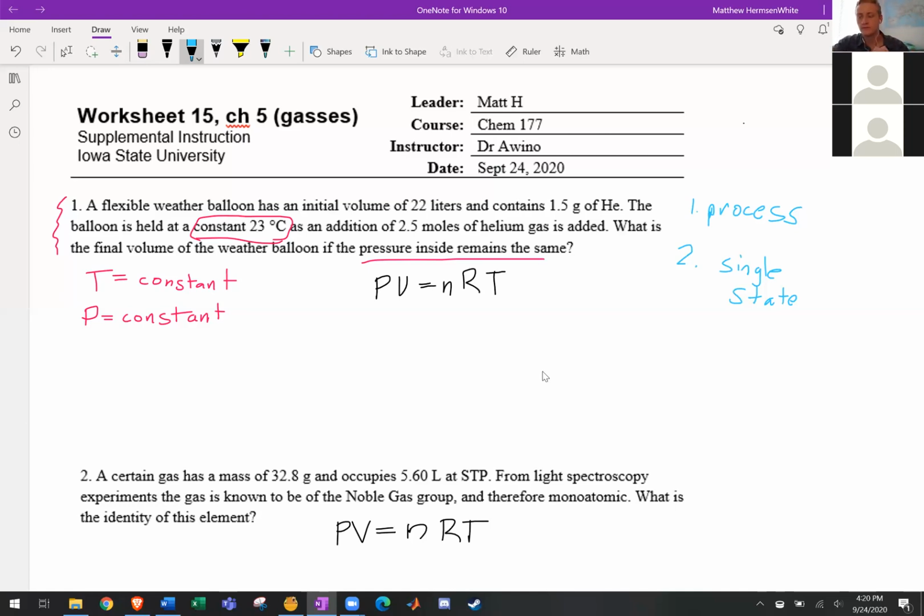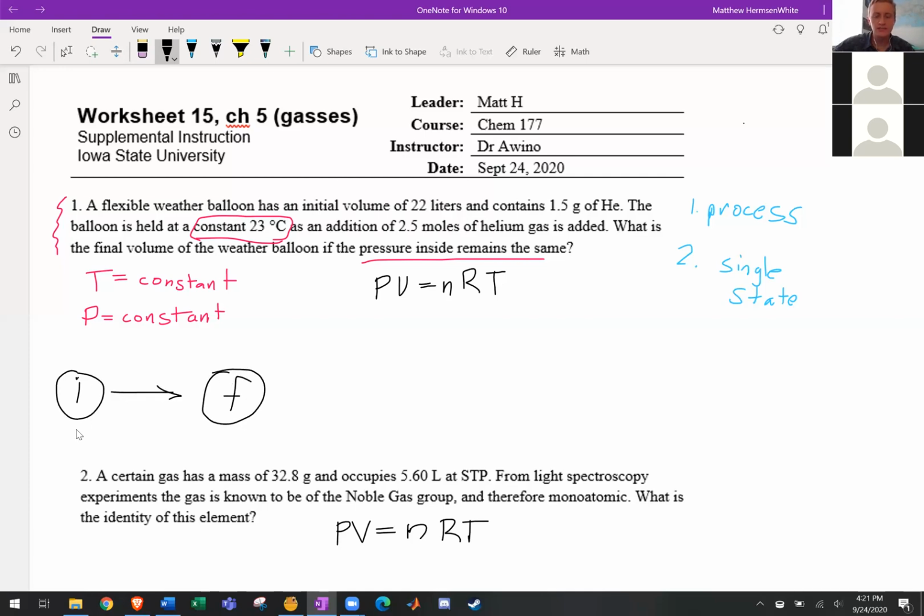So number one, is number one a process or a single state problem? So number one is a process. So why is it a process? Well, we're starting out as some initial, and we're going to some final state.